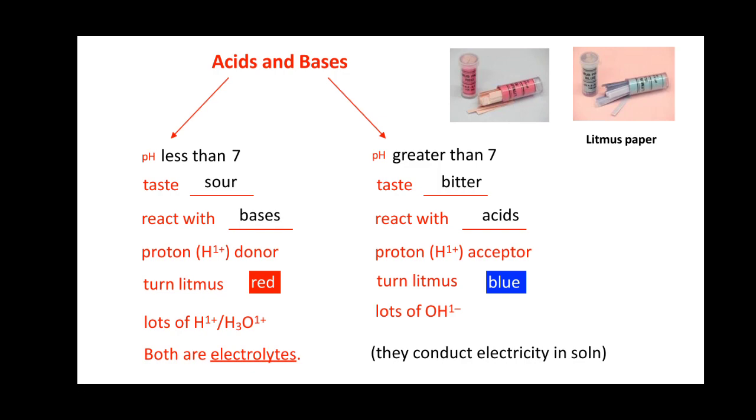An acid is a donor of protons, and a base is an acceptor of protons. Acids turn blue litmus to red, and bases turn red to blue. Both are electrolytes as they conduct electricity in solution.